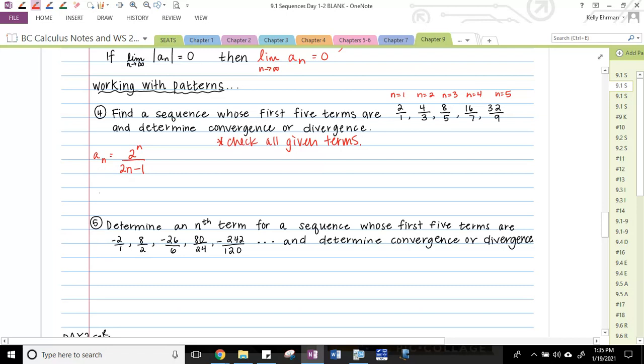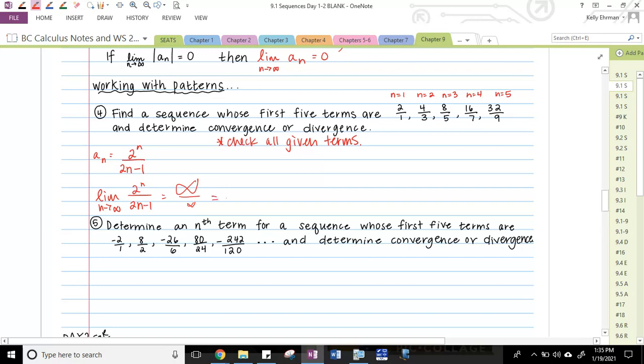Now that I have a sub n, I want to say, well, what is the limit as n approaches infinity of 2 to the n over 2n minus 1? Now, I should do L'Hopital's rule because technically this is infinity over infinity, but think about function races. Basically, this is big infinity over little infinity. Or if I do a round of L'Hopital's, I'm going to get 2 to the n natural log of 2 over 2.